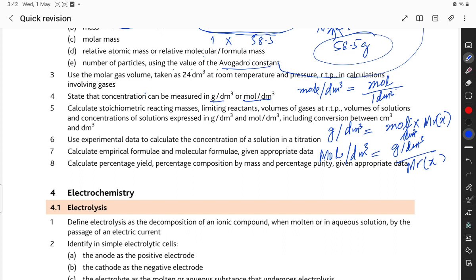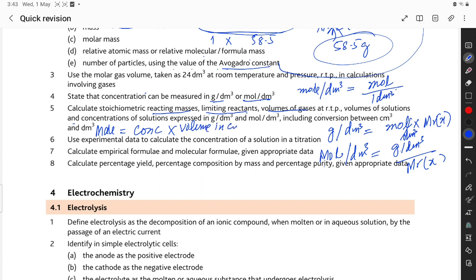Calculate the stoichiometric reacting masses. The limiting reactant is the one smaller in amount and used up in the chemical reaction. When the limiting reactant is used up, the reaction is over. Volume of gas is at RTP, and then volume of solution. Mole is equal to concentration into volume in cm cube.